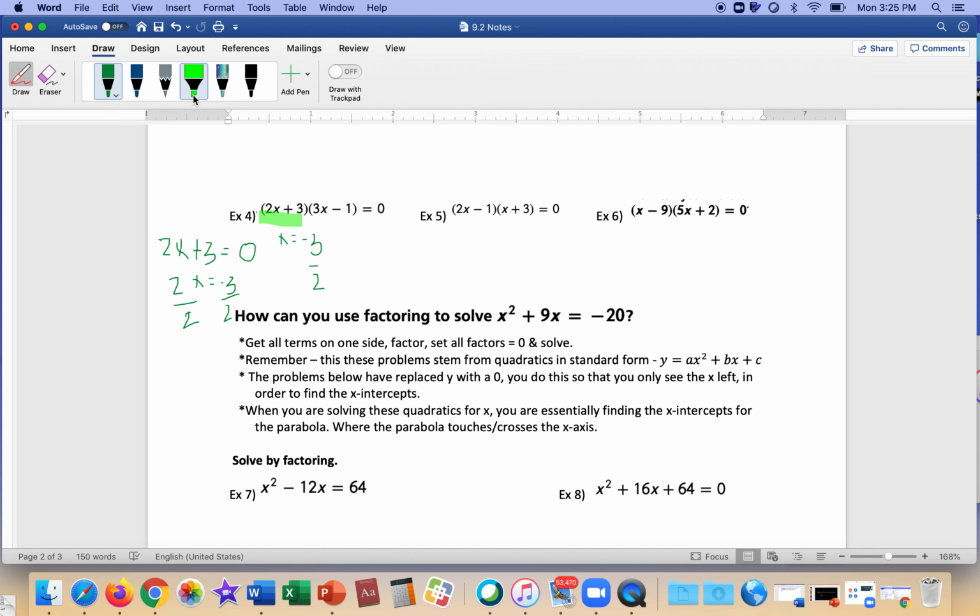And then our second factor we set equal to 0. So if I set 3x minus 1 equal to 0, I would add 1 to both sides, so I get 3x equals 1.